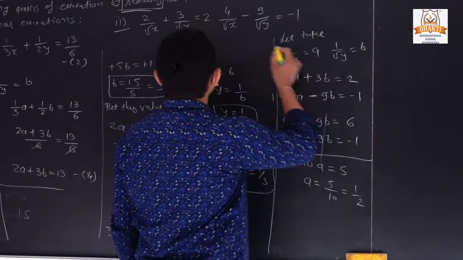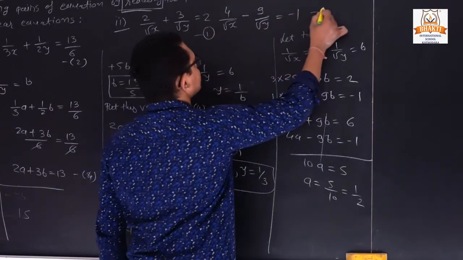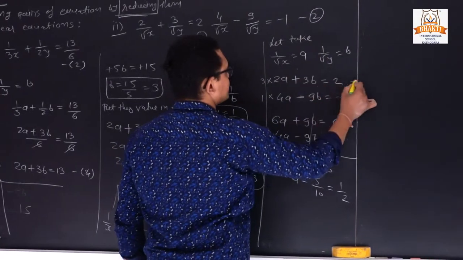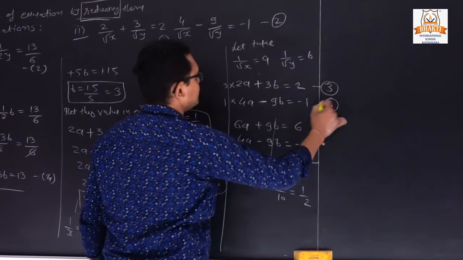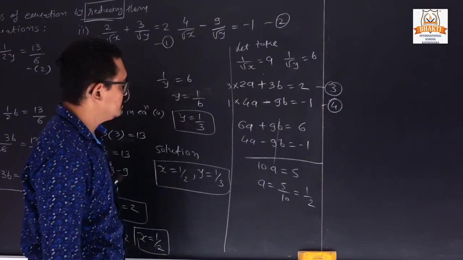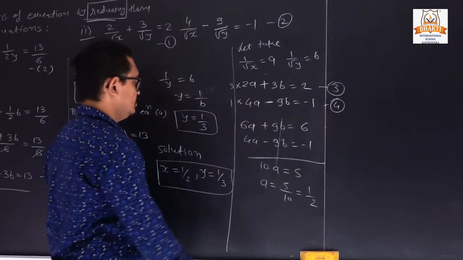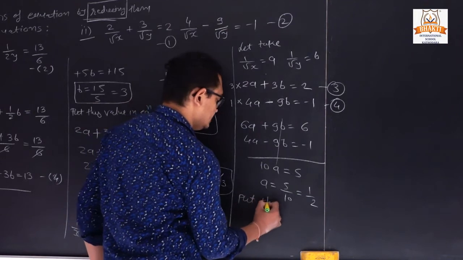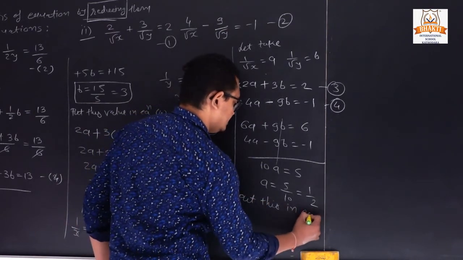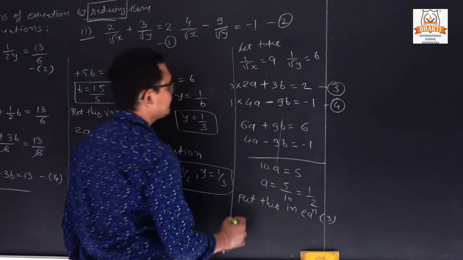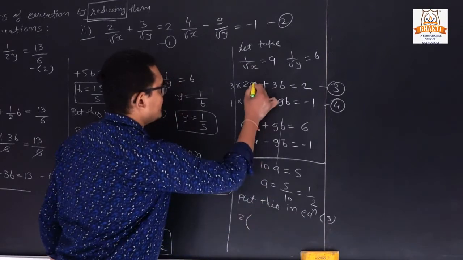And here I am declaring this as equation 1, this is 2, this is equation number 3, and this is equation number 4. So we will put the value of a in either 3 or 4. So put this in equation number 3. So 2, what is the value of a?